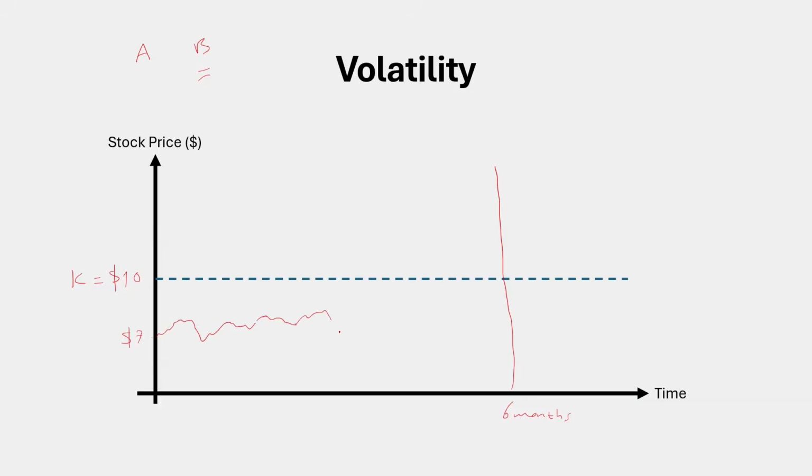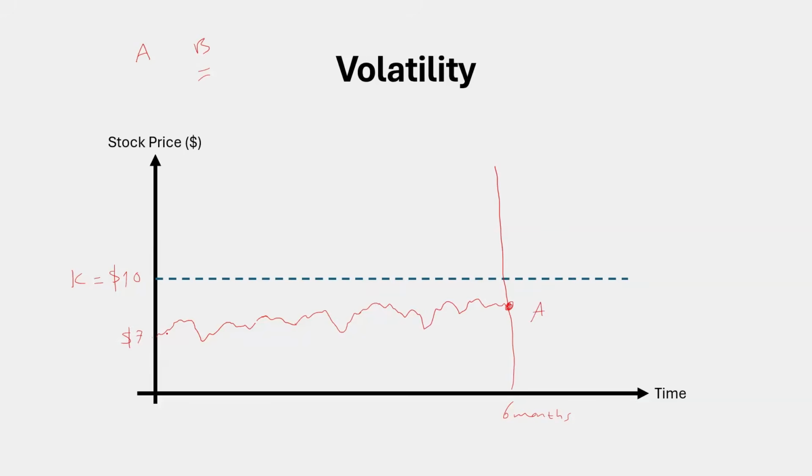That's the definition of low volatility. So if originally the contract is out of the money, yes, it can turn into in the money, but because the stock is not particularly volatile, we might actually end up here. This is stock A.